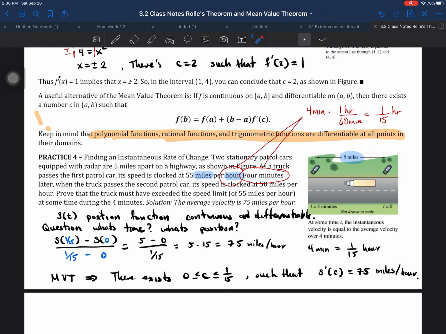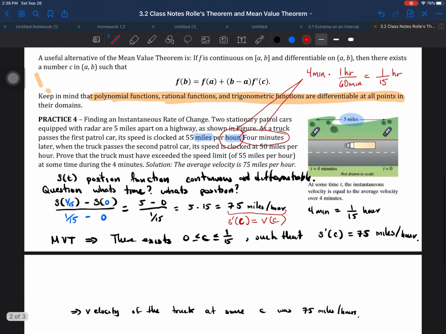So this is equivalent to the derivative at some point, which we know is your velocity. So we're saying the velocity of the truck at some point between 0 and 4 minutes is going to be 75 miles per hour.